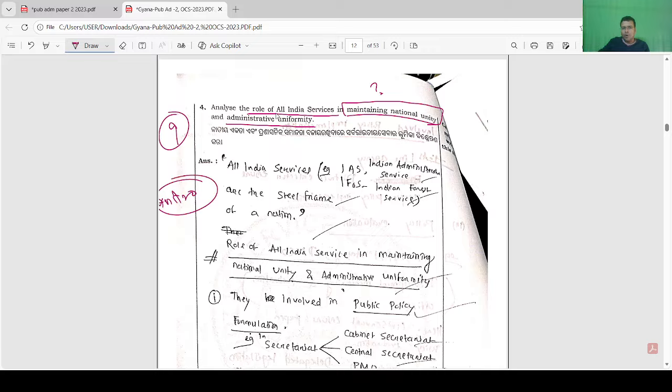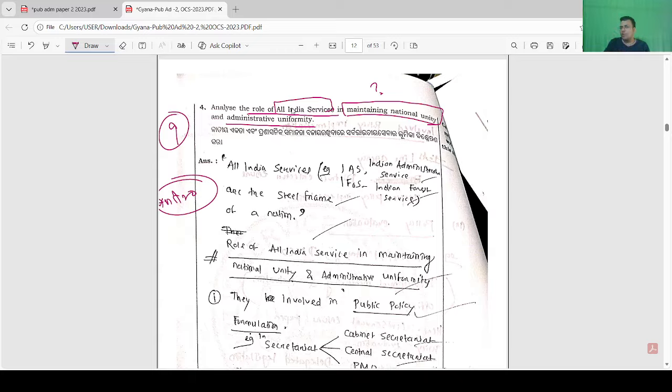When you study All India Services, you have to write who is an All India Service. That All India Services are those categories of officers who are recruited by the center, trained by the center, but they work under both center and state, and the final disciplinary action against a member of an All India Service lies with the center.